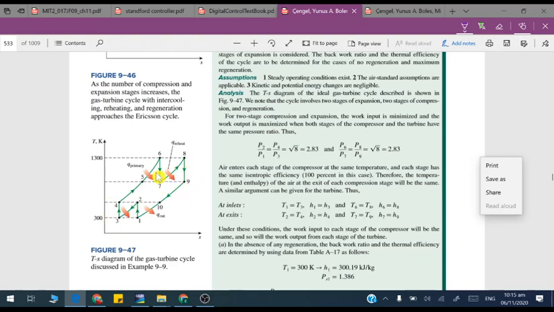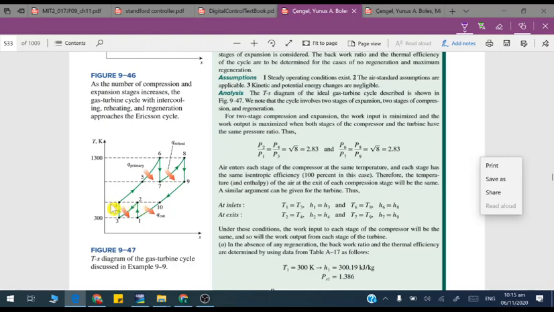So if you have this TS diagram, and you have known T1, how to determine T2, that is the same as we have done in the first problem. Then this pressure is the same, it is a constant pressure line, so you know the pressure. T3 you know how to determine. T4 will be the same as this.